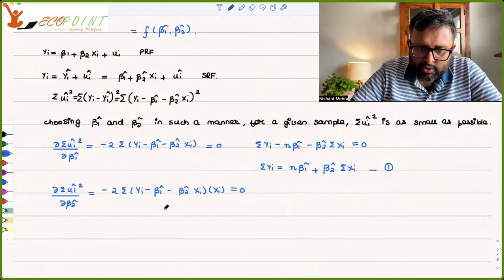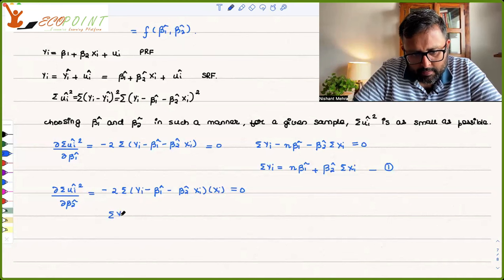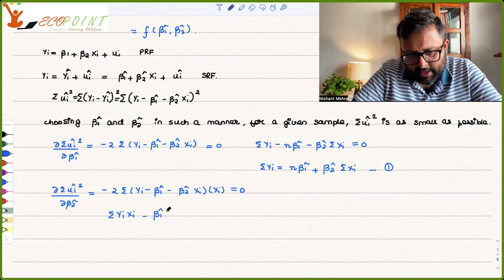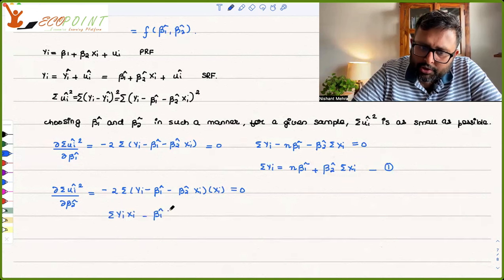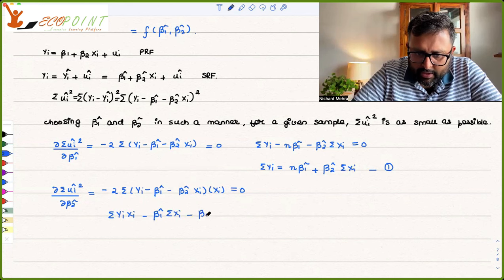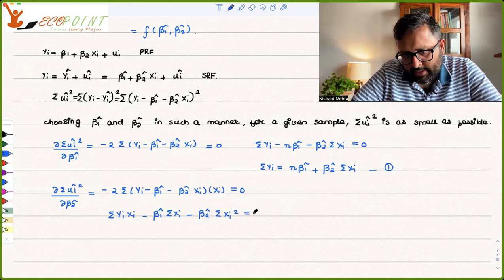Here also the minus 2 will go away, and this becomes summation of yi xi minus beta 1 hat, being a constant, comes out of the summation sign, summation xi, minus beta 2 hat, being a constant, comes out of the summation sign, summation of xi square.